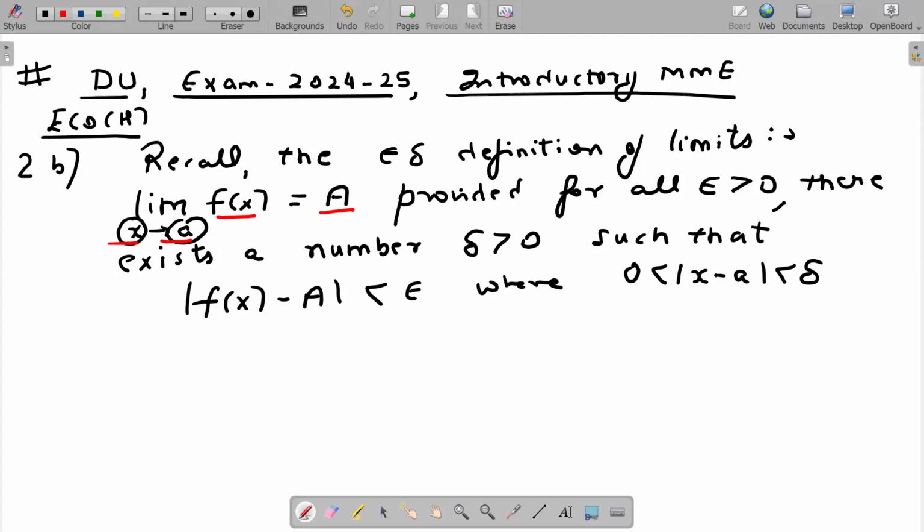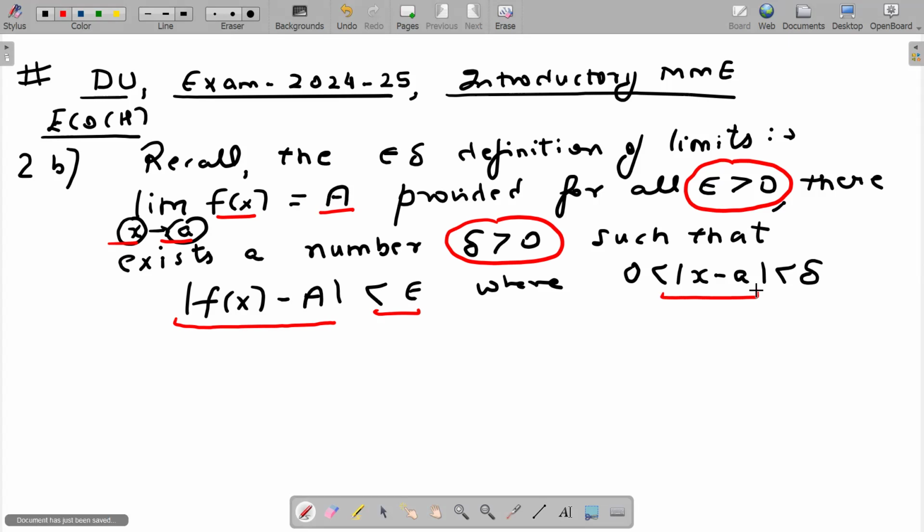It means that for any small number epsilon greater than 0, there exists another number delta greater than 0 such that the absolute gap between f of x and its limiting value is less than epsilon whenever the absolute gap between x and a is less than delta. And because it's absolute, it's always greater than 0. Remember, modulus is always positive. And I can write here properly, whenever.